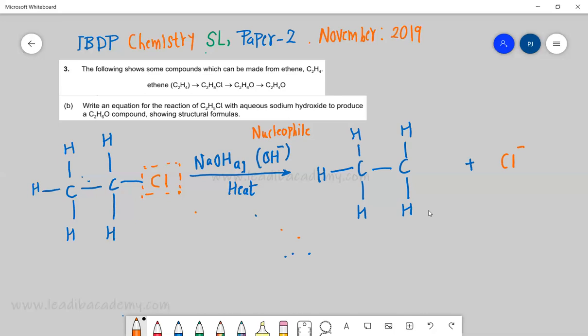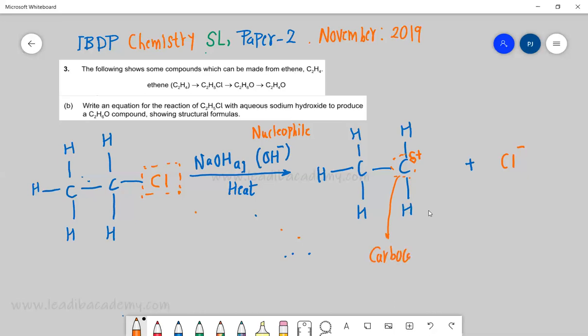That means it has taken the electron from this poor carbon. Now the carbon has become deficient, so it will have a delta plus charge. This has now become an electrophile. This carbon ion is called a carbocation.